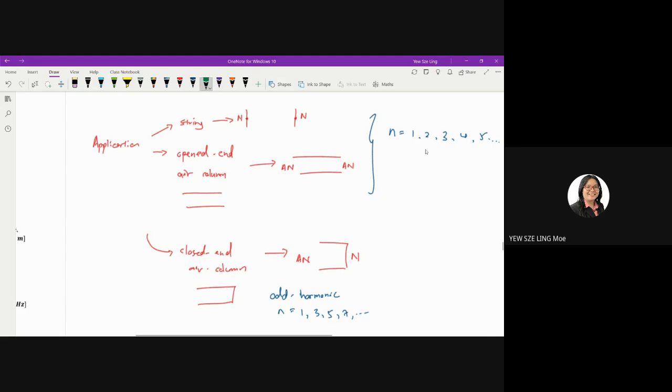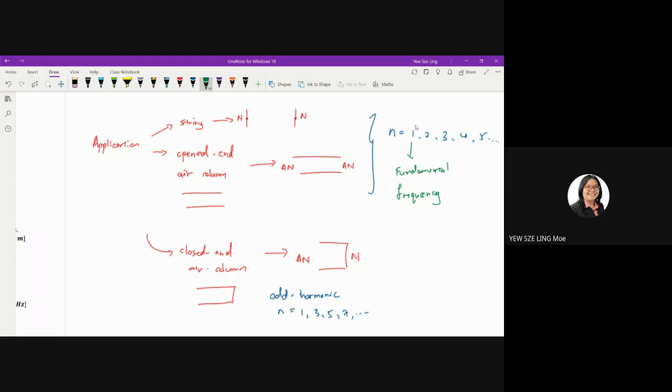Where n equals 1, it is the value for the fundamental frequency. And then n equals 2, 3, 4, 5, and so on, that is your overtone: first overtone, second overtone, third overtone, and so on.